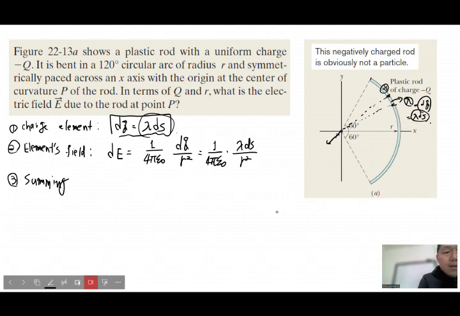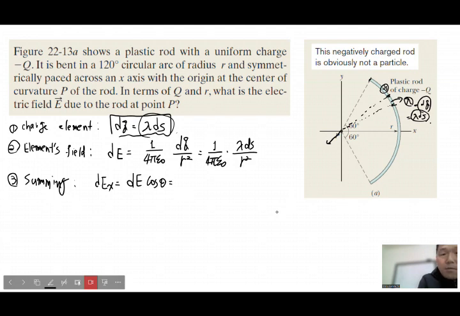The next step is summing these line elements along the x-axis. This is the charge of line elements from minus 60 degrees to plus 60 degrees. Let's take a look at the x component of the electric field of this line charge. That is dEx, which is dE times cosine theta.